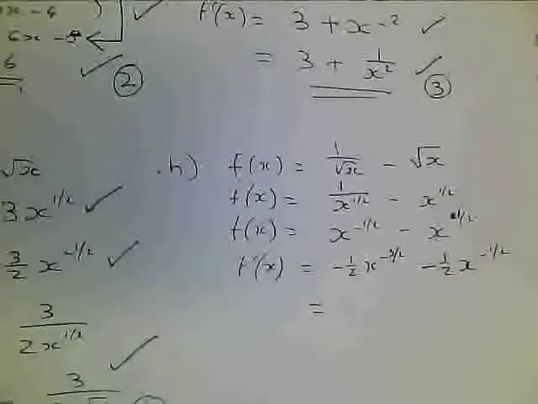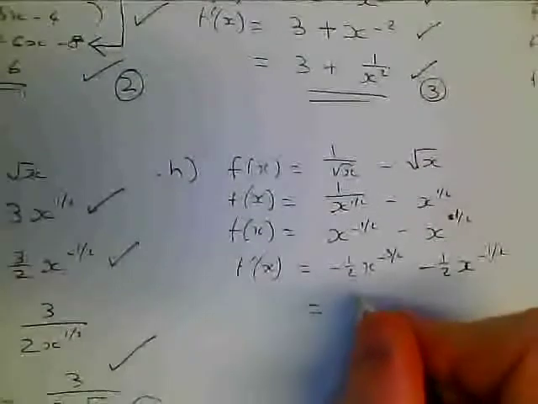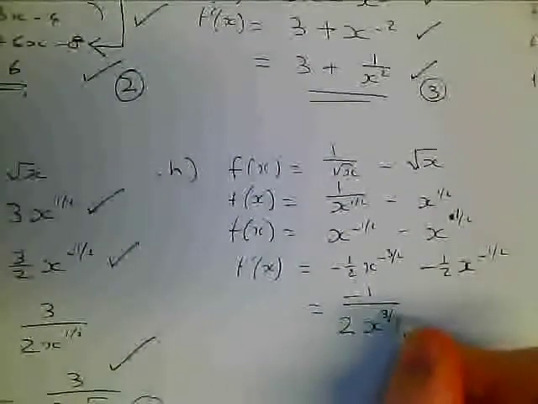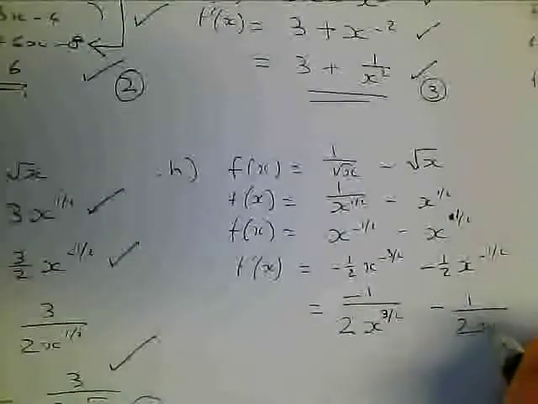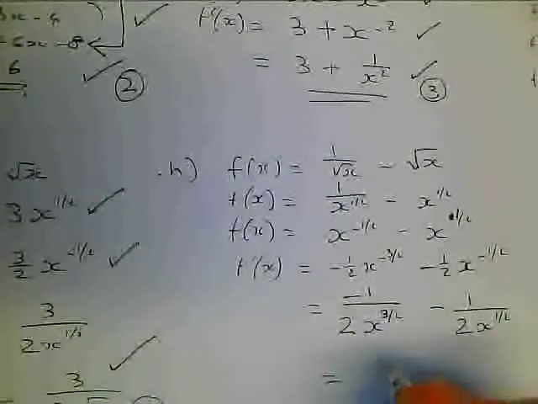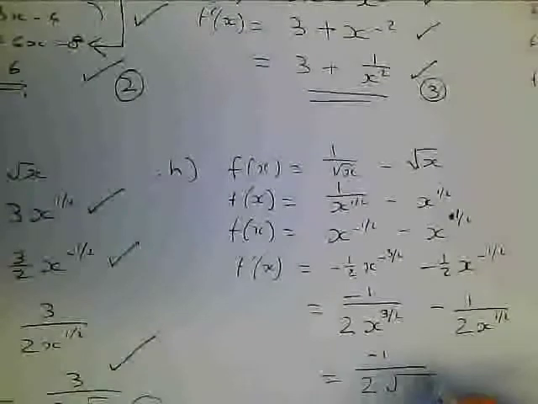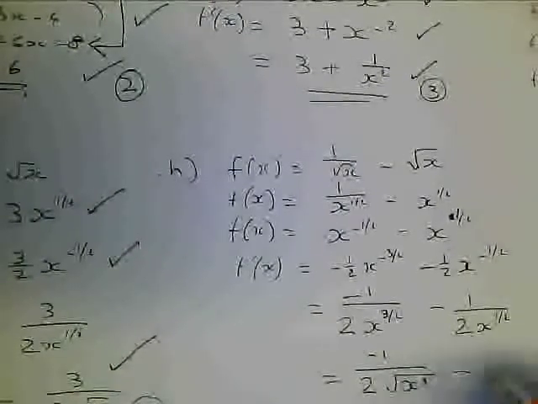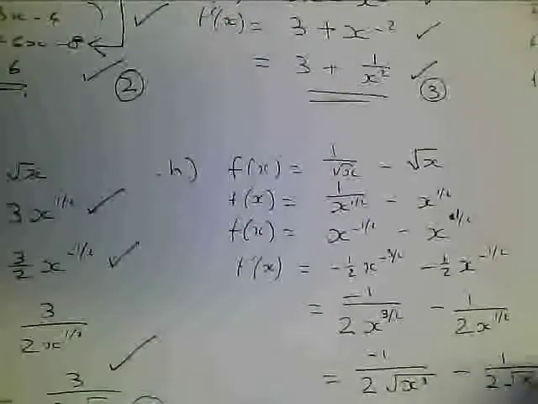It's getting messy now. However, that's the same as saying minus 1 over 2 x to the power 3 over 2 minus 1 over 2 x to the half. And that can be tidied up a little bit more to 1 over 2 the square root of x cubed minus 1 over 2 the square root of x.